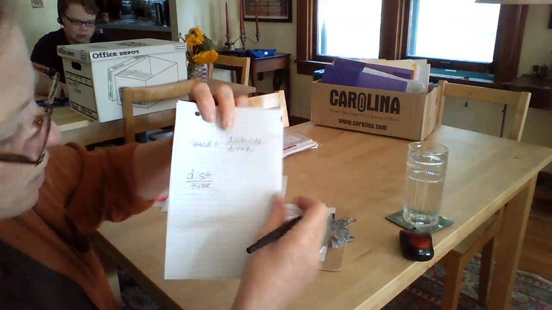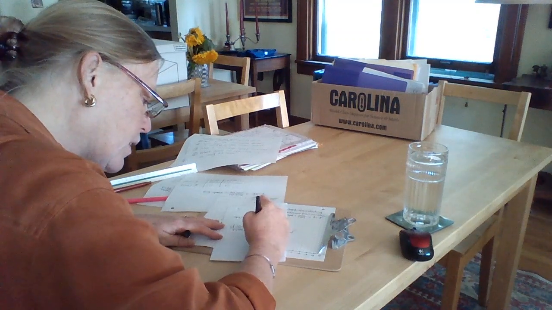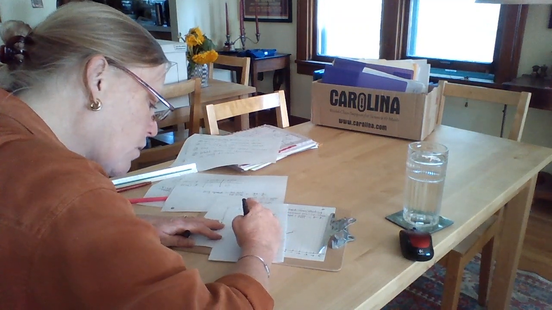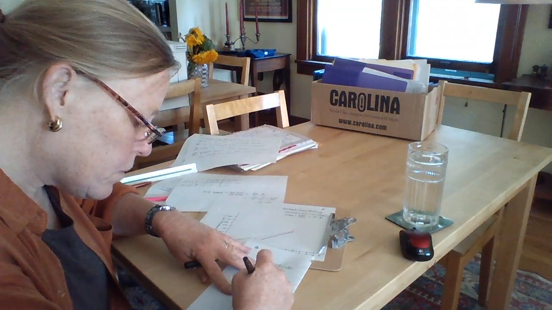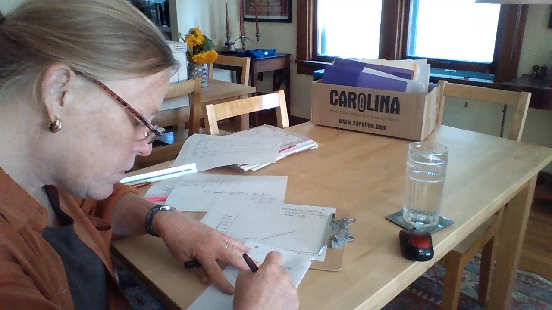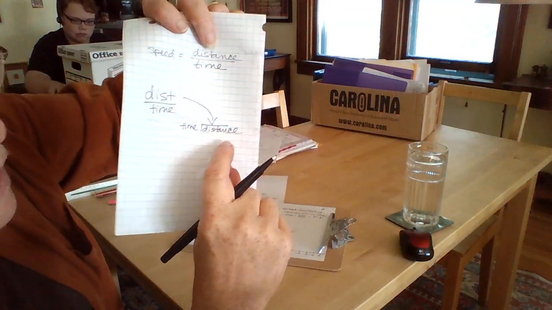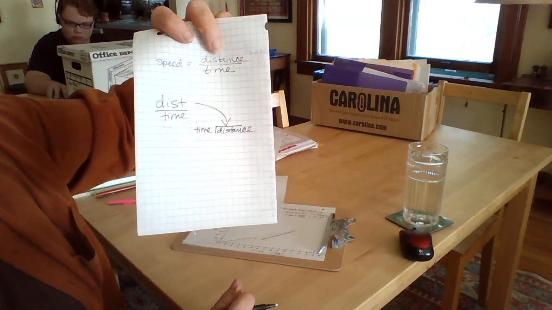Distance falls over, and it is to the right now of time. When it fell down, it ended up to the right of time, and that's the way the box works. The one on the right is under the box.